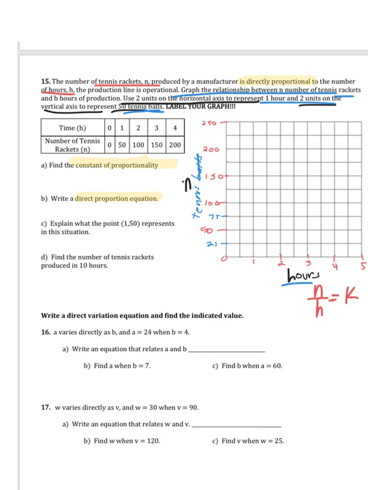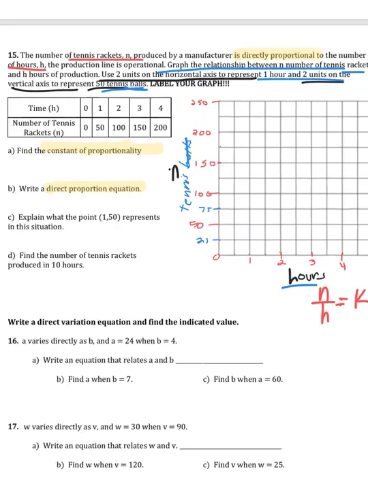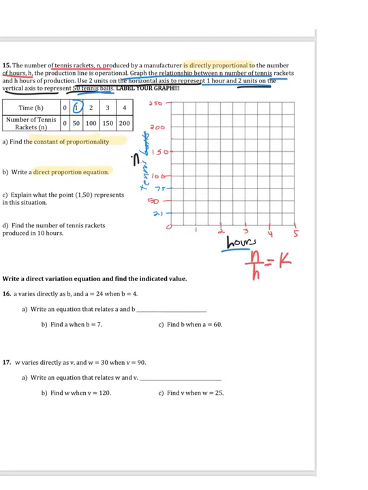Now, find the constant. Well, let's graph this information here. It says time 1 hour is 50. So 1 hour is 50. 2 hours is 100, which would be right there. 3 hours is 150.